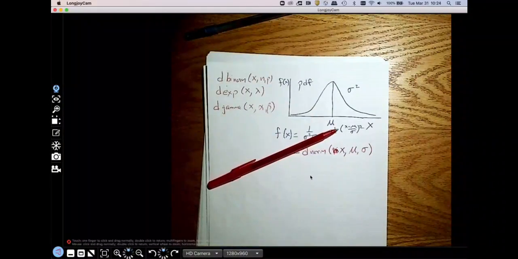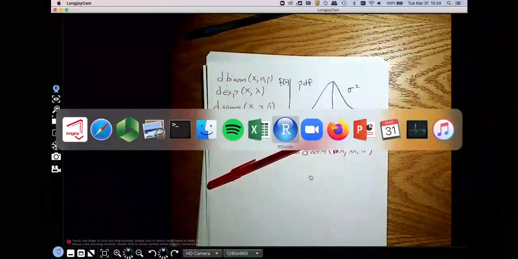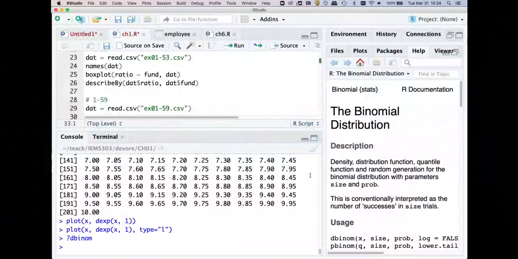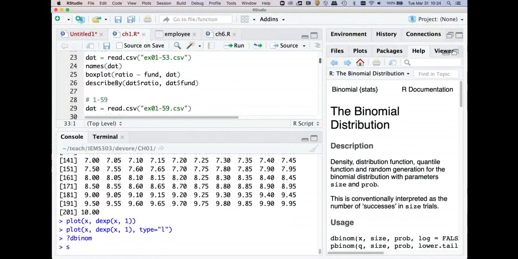All right, so let me illustrate why this is interesting in R. I'm going to make myself a sequence of some x values. Let's say x is a sequence from -4 to +4, with a step size of 0.1.